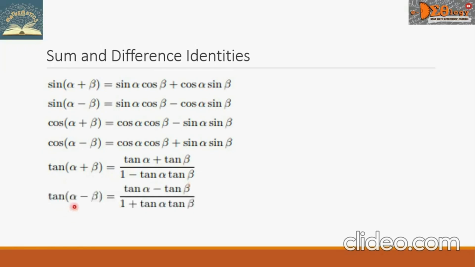For the tangent of alpha minus beta equals tangent alpha minus tangent beta all over 1 plus tangent alpha times tangent beta. See and observe the similarities of the sum and difference for the tangent of two angles.